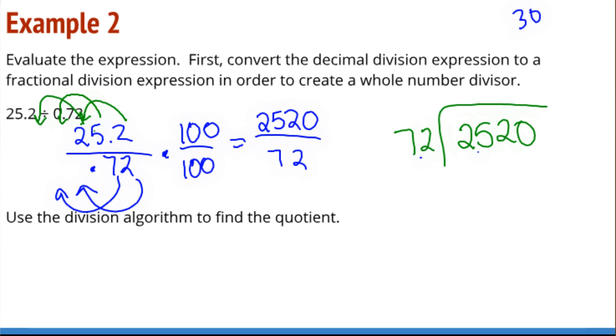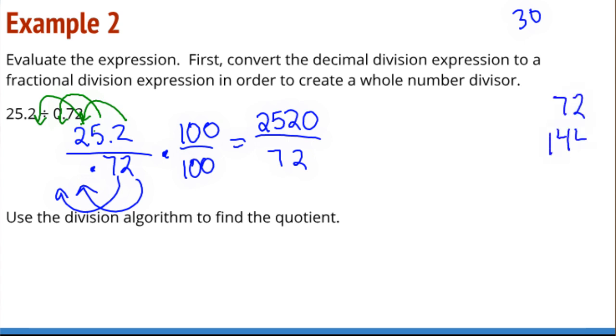All right, so now I need to do some division, and I've got 72 here. As we practiced yesterday, I should probably go through and make my chart. So that's times 1, times 2, 3, 4, 5, 6, 7, 8, 9. For 3, 70 times 3 is 210. 2 times 3 is 6, so 216.